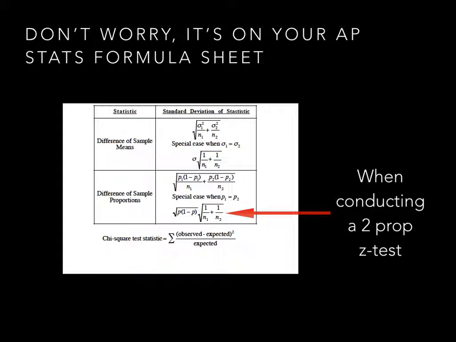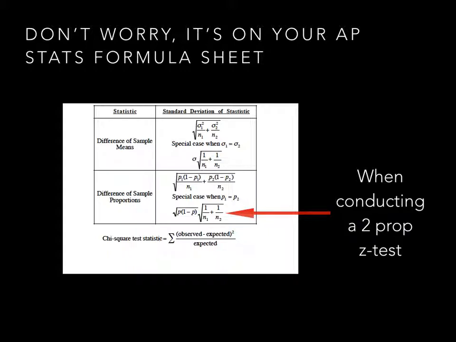That special case when p1 equals p2, right there near the bottom, is going to be your standard deviation. And remember, when we calculate our z-score, it's observed minus expected divided by our standard deviation. So our standard deviation is the square root of p times 1 minus p times 1 over n1 plus 1 over n2, and remember what p actually is.